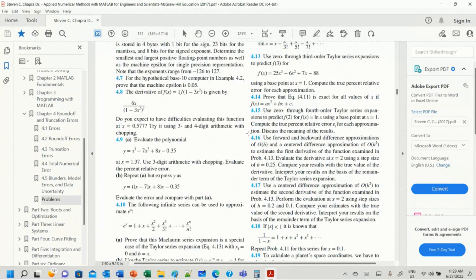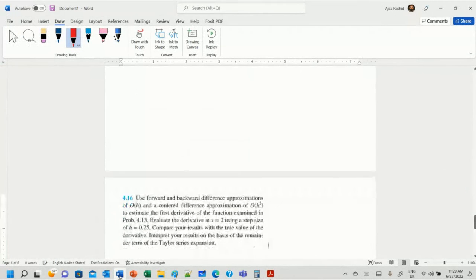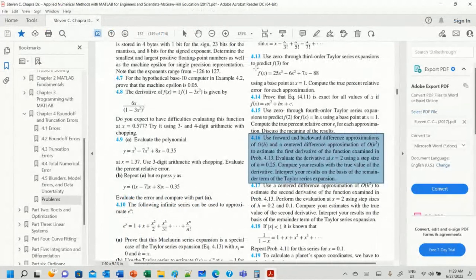He's saying to use the forward and backward difference approximation and a centered one, using the derivative of the function in problem 4.13. So I'll go to problem 4.13 to see what the function is.